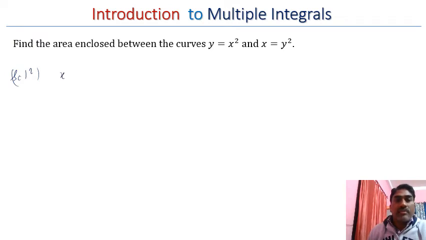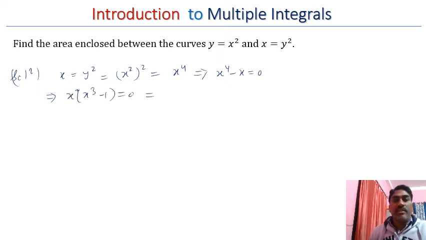So x is equal to y square and y is equal to x square. This gives you x to the power 4 minus x is equal to 0, and that means x times (x cube minus 1) is equal to 0, and this implies x is equal to 0 and x is equal to 1.